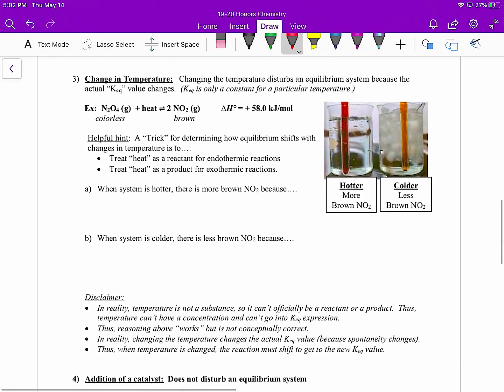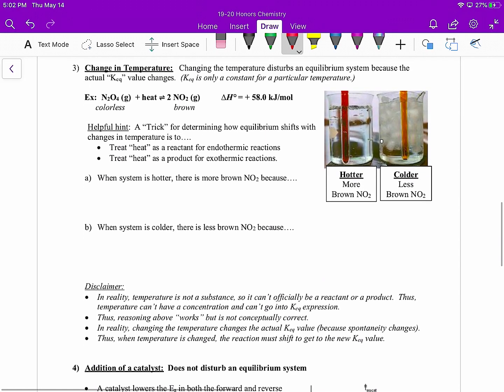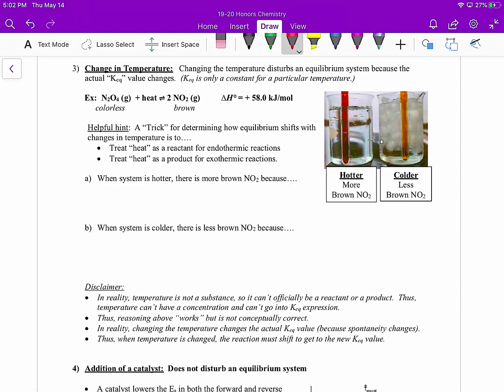Now, the last way we're going to talk about affecting the equilibrium is by changing the temperature. Now, the important thing here is that what's actually happening is that when you change the temperature of a reaction, the actual value of the K changes. You're establishing a new K value, right?